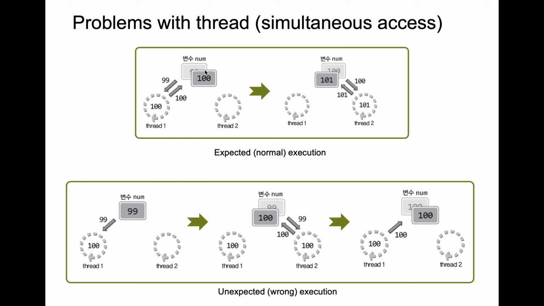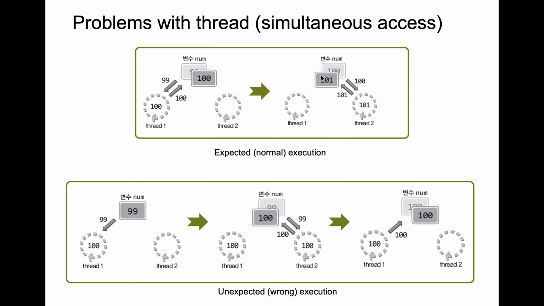The expected behavior will be as the illustration above, when the first thread is incrementing the value by 1, and then the second thread is also incrementing the value of the global variable by 1, and starting from a value of 99, it must be 101 after adding the value of 2, right? Incrementing by 1, 100, incrementing by 1, 101.